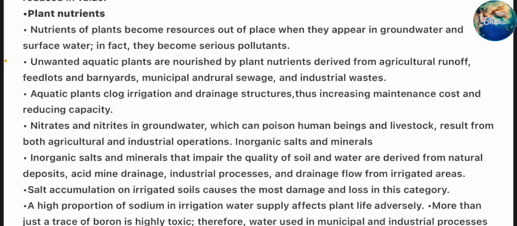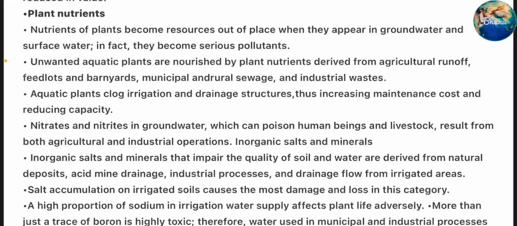Inorganic salts and minerals that impair the quality of soil and water are derived from natural deposits, acid mine drainage, industrial processes, and drainage flow from irrigated areas. Salt accumulation on irrigated soils causes the most damage and loss in this category.